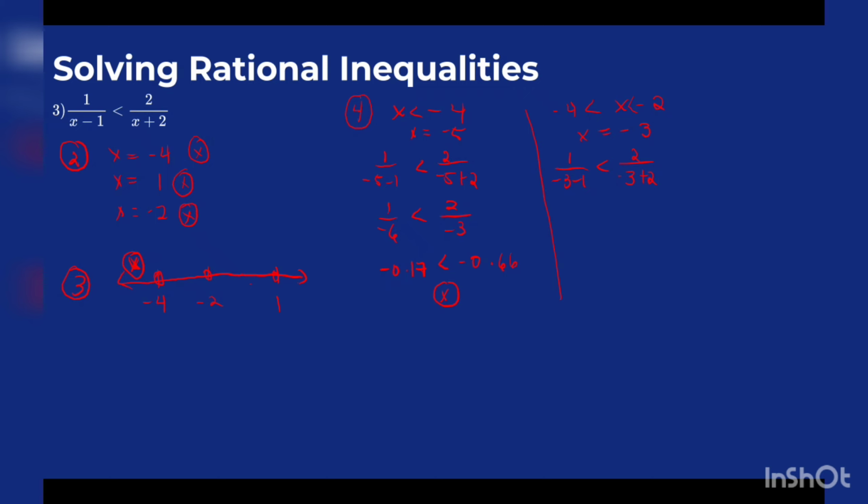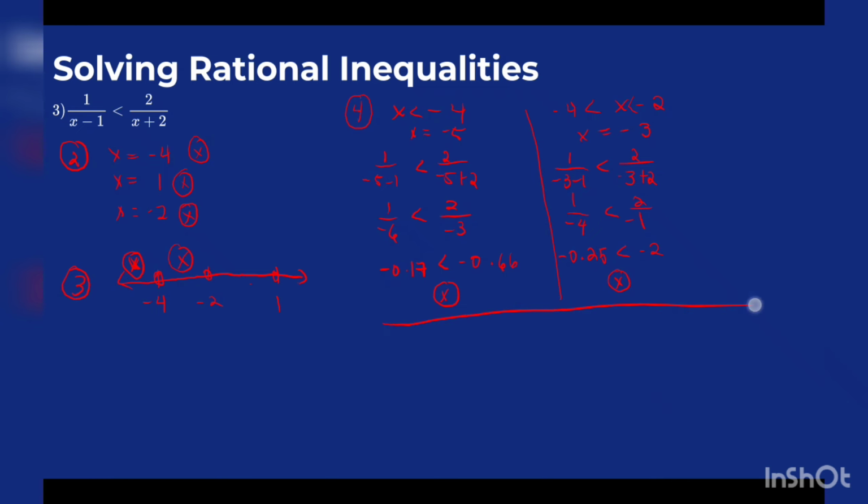This is 1 over negative 4 less than 2 over negative 1. 1 over negative 4 is negative 0.25 less than negative 2, which is also not true. So this is not part of the solution as well.